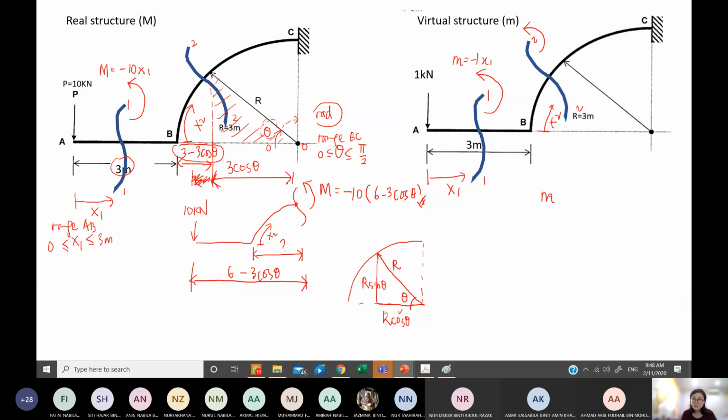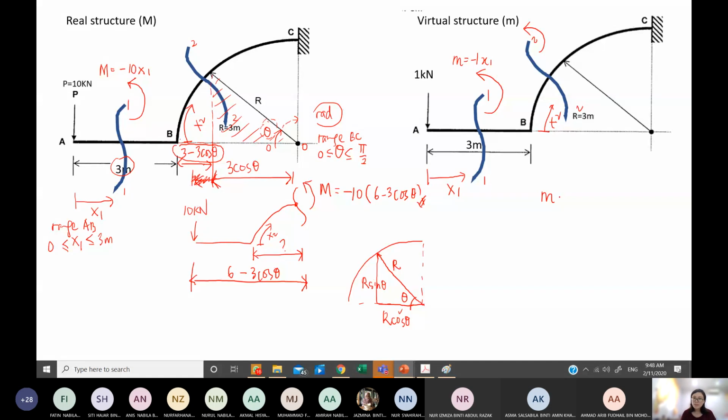Do you understand how to get this distance, my class? The 6 minus 3 cos theta. The rest of the students, understand? Okay, so I will just continue with this small m.